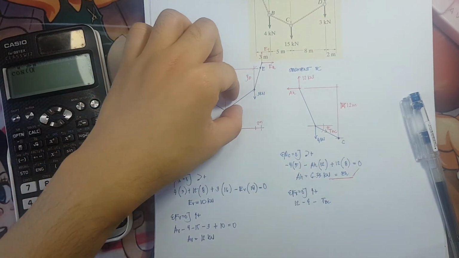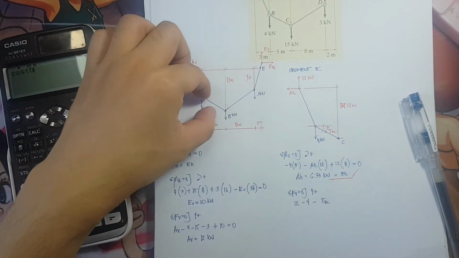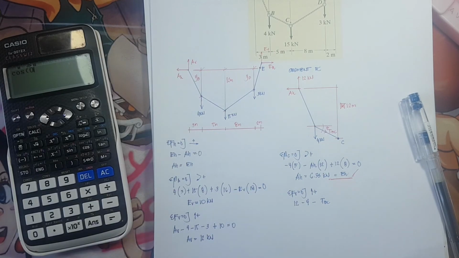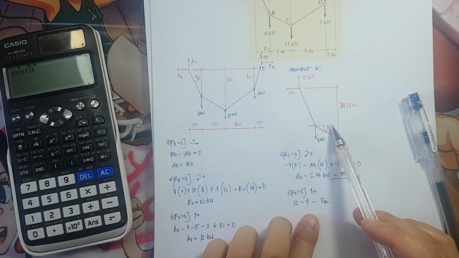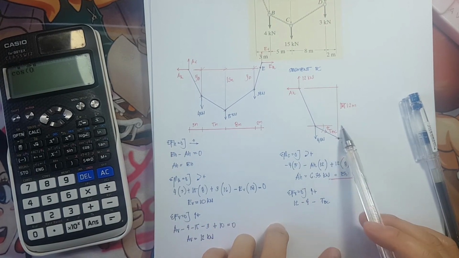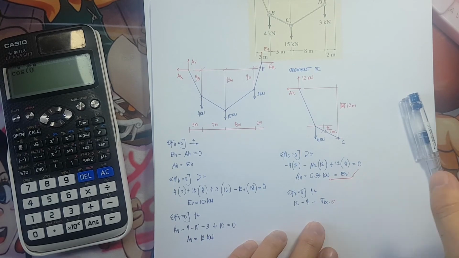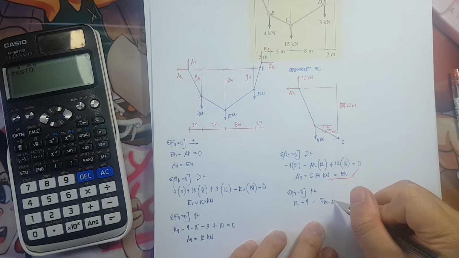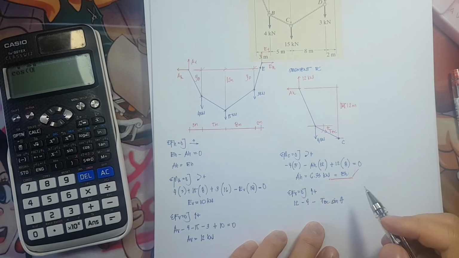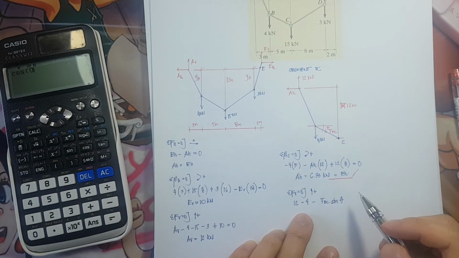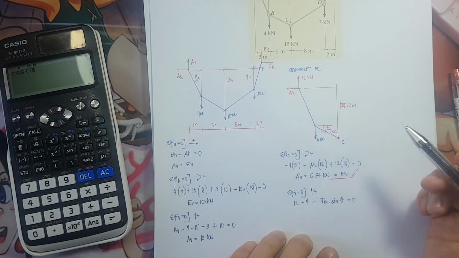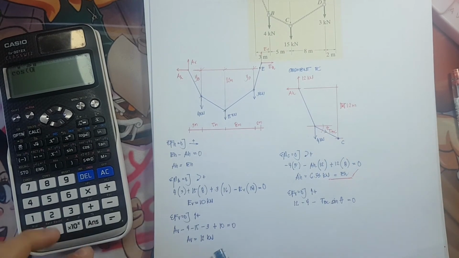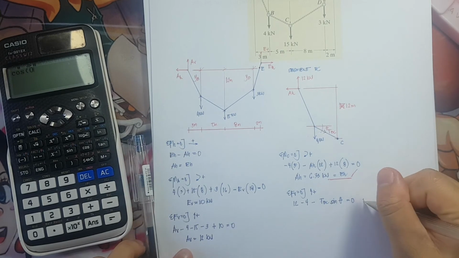It would be very difficult if you will be using the slopes, so let's use the angle. For the vertical, it is the sine function. So sine theta, and that is equivalent to 0. This would be my equation number 1.